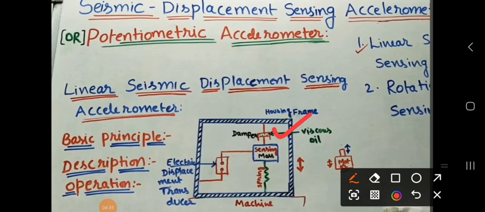This displacement will be found by using an electrical displacement transducer. Whatever displacement is caused by the sensing mass will be sensed by the electrical displacement transducer, which we call a potentiometer.